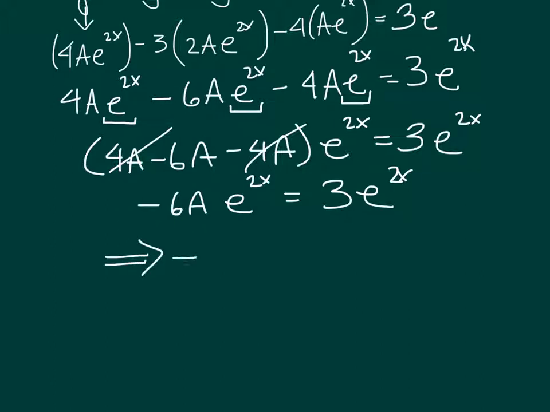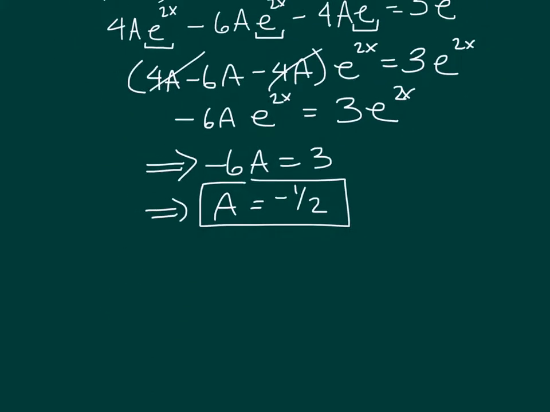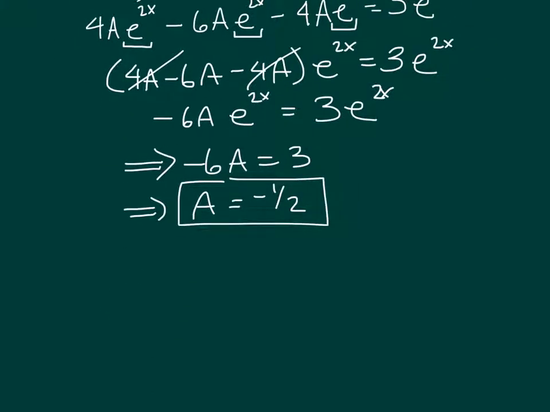So that implies negative 6a equals 3, and solving for a, we just get negative 1/2. That's one way of looking at it.